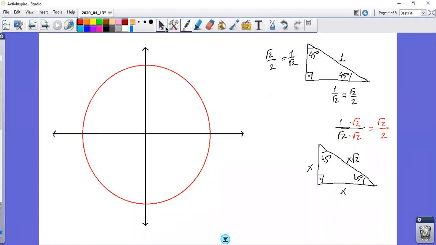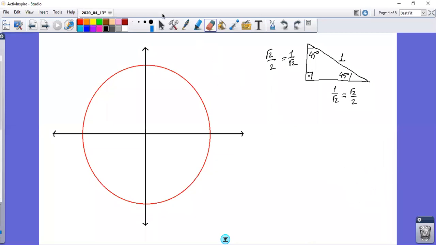So now, in this example, let's find the cosine of 315 and the sine of 315.